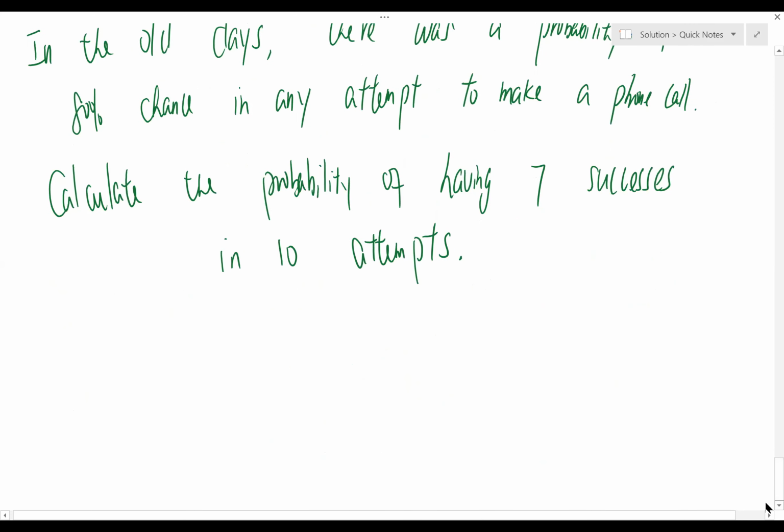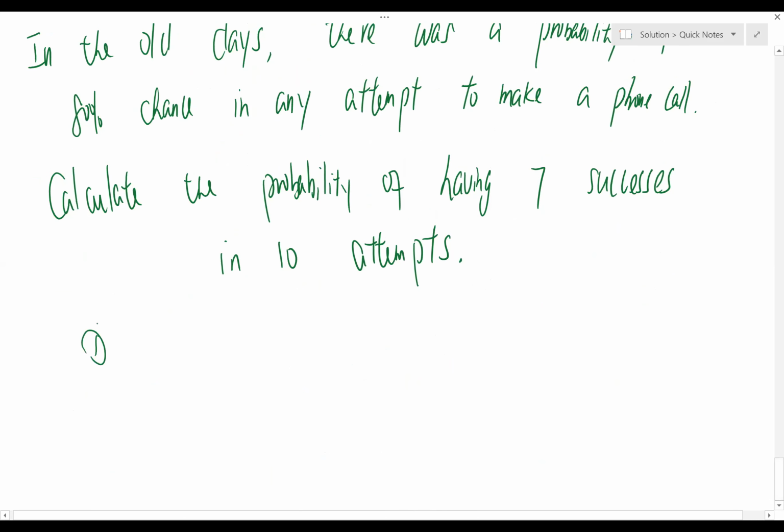So here we need to check all those four conditions. First one is outcomes in two categories, right? If you look at each individual attempt, you either successfully make a phone call, or you fail to make a phone call. So here, the first condition is satisfied. Outcomes in two categories, either success or failure.